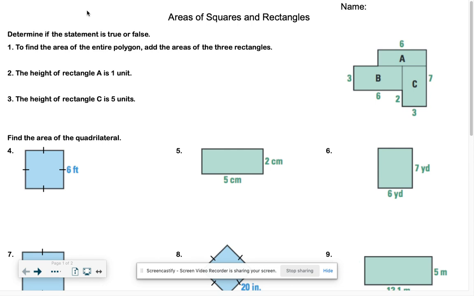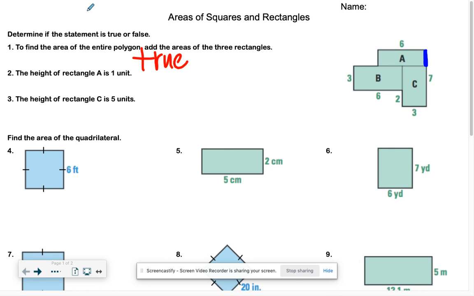True or false? To find the area of that entire polygon, we would add up the 3 areas of those rectangles. True. Number 2, the height of rectangle A is 1. So they're telling us that this is 1. No. What is it supposed to be?